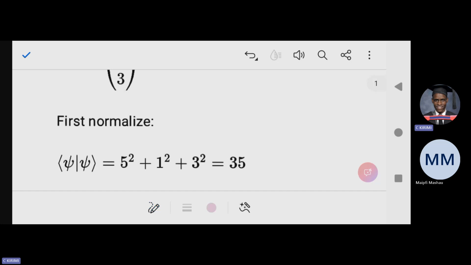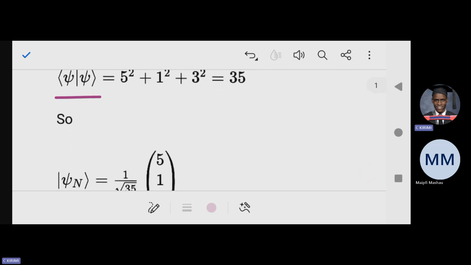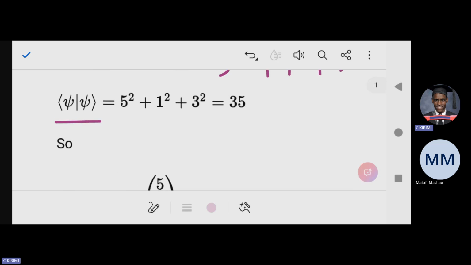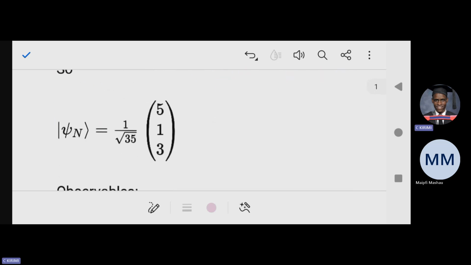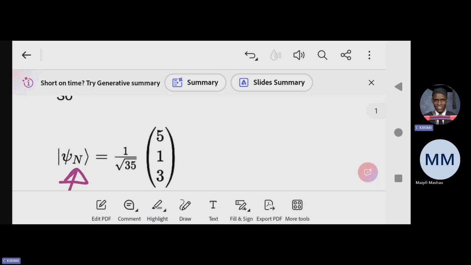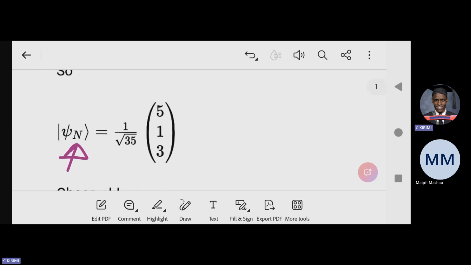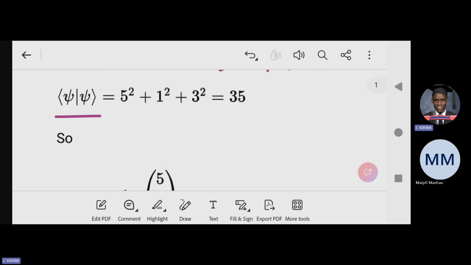Then the unit vector is 1 over the magnitude. That's how we got the 1 over root of 35. So this is our normalized vector, and the n in psi n refers to the normalized vector. Why is it normalized? If you square everything inside and add, you get a 1. It has been normalized.